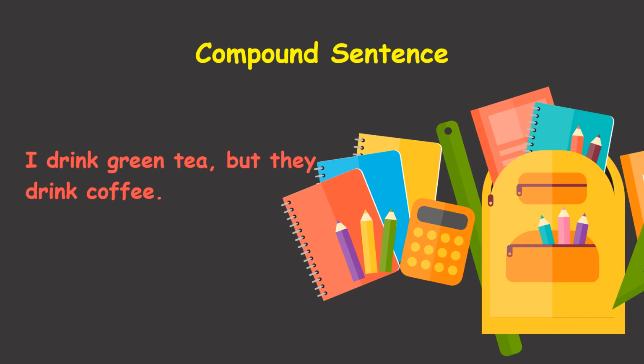You know the coordinator but is used and a comma is placed before but. They drink coffee is an independent clause where they is the subject and drink is the action, and a complete thought is expressed.